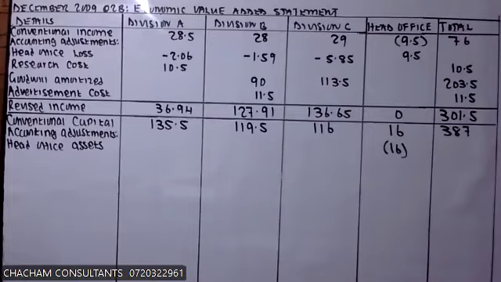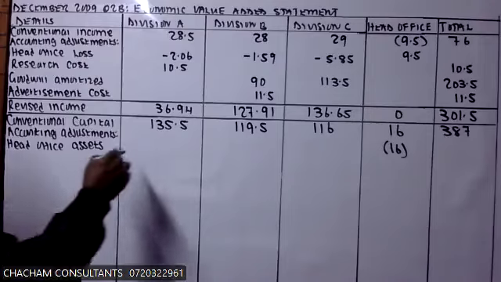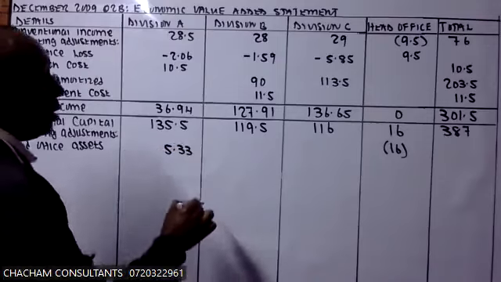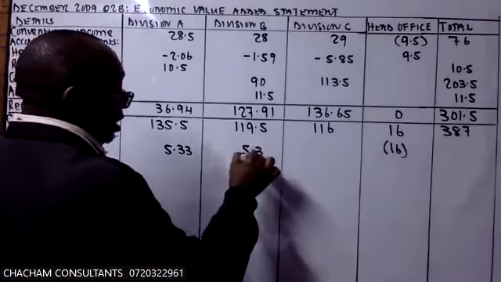So you divide, 16 divided by 3. So we can take 5.33 here, 5.33.